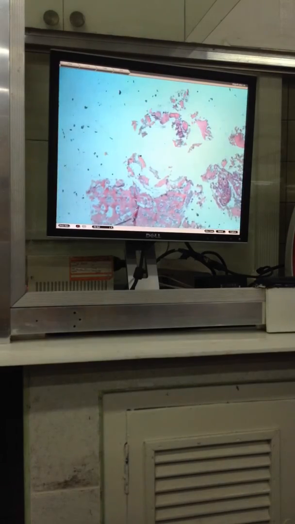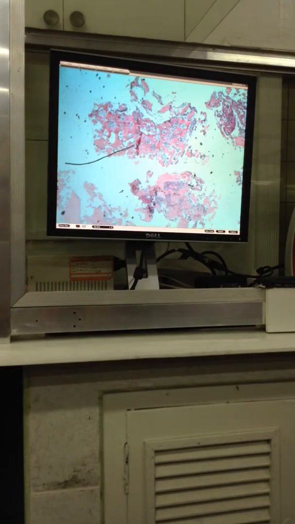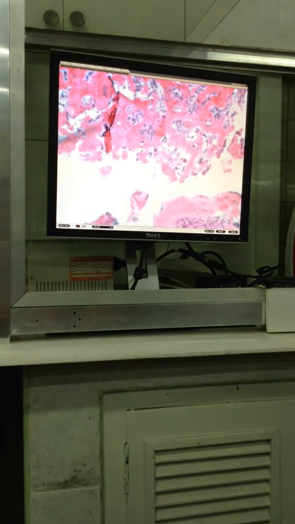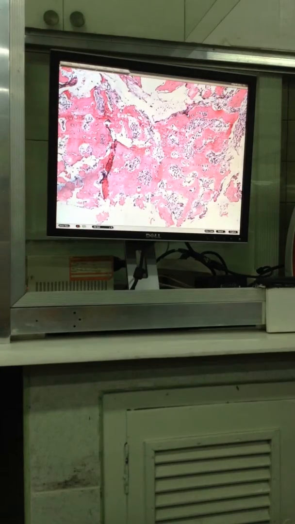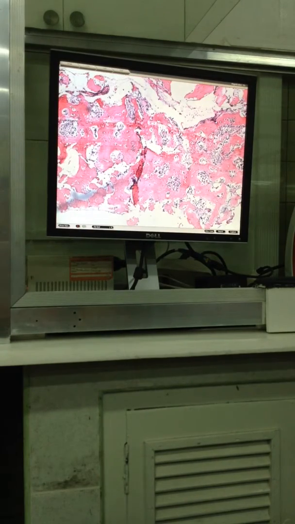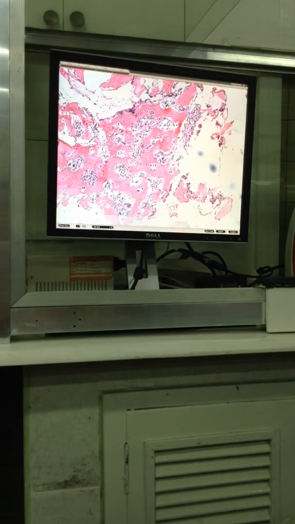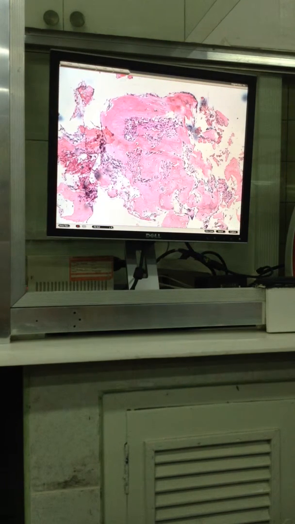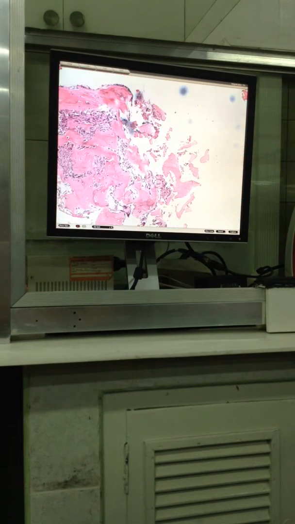In this particular slide, you have more pinkish material, matrix, which is more in keeping with that of osteoid. And notice the cells: you have your osteoblasts lining those osteoid material. So more pinkish material histologically.